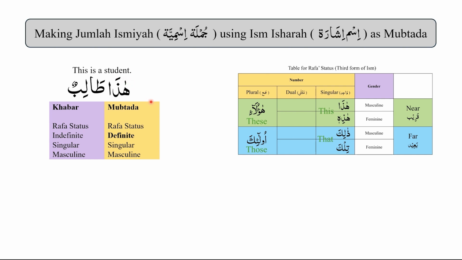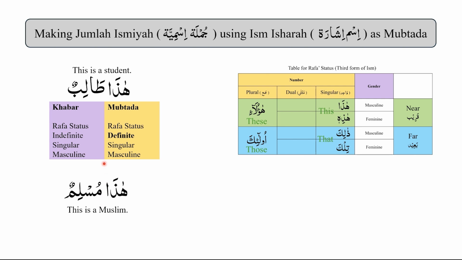Haza is mubtada. It is rafa in status because it comes from the rafa table. It is definite in capacity because all asma ishara are definite in capacity. It is singular and masculine. Another example is haza muslimun, this is a Muslim. Muslimun is the khabar.